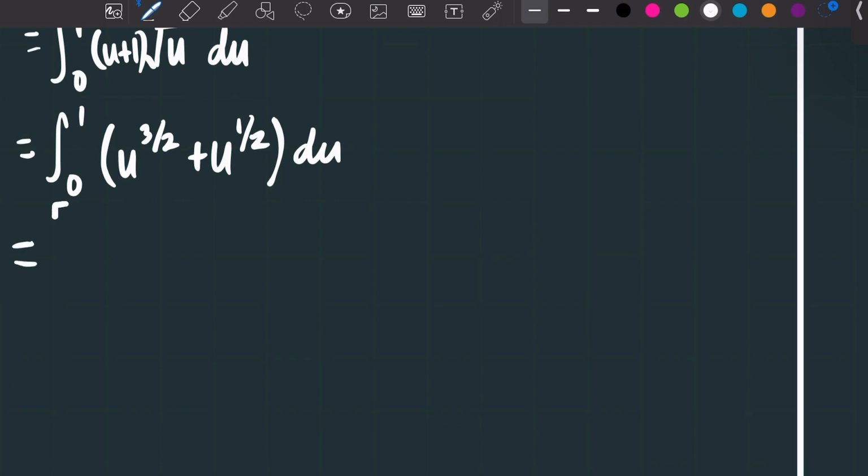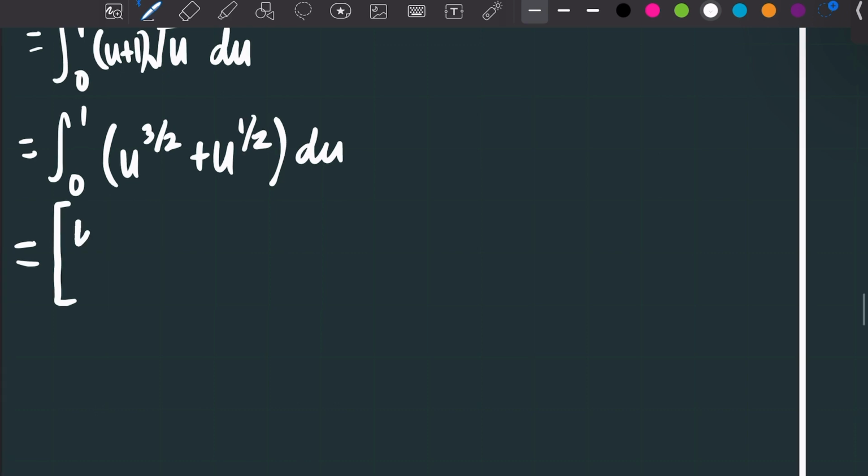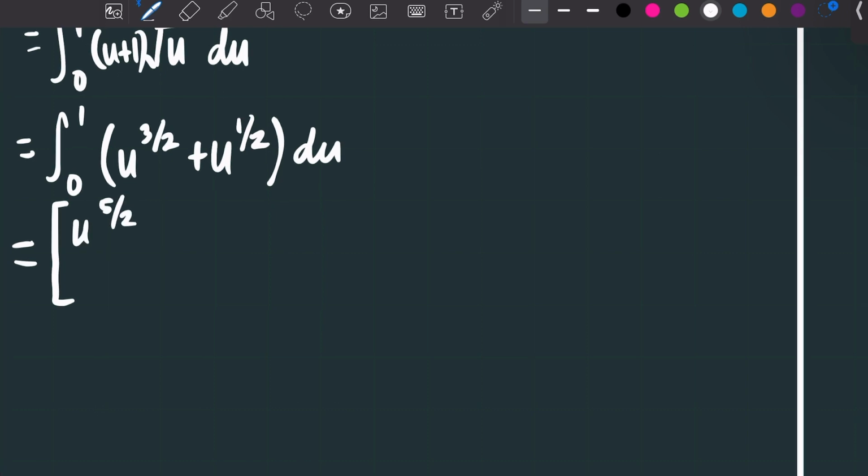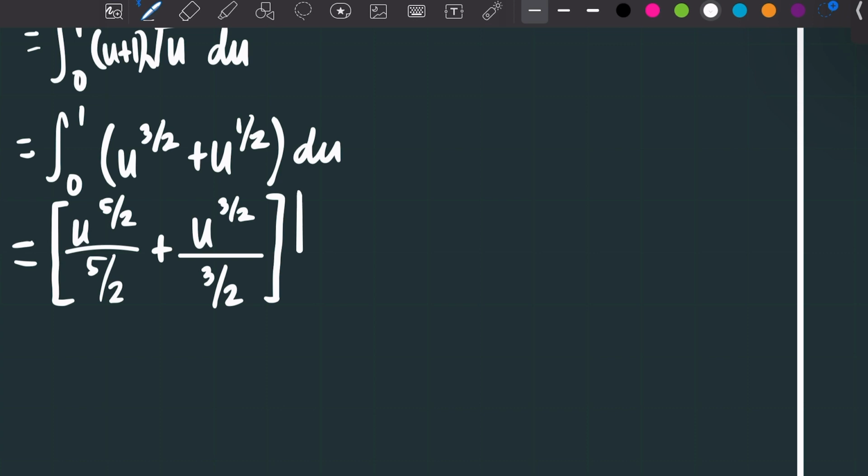So this one becomes u raised to 3 halves plus 1, which is 5 halves, all over 3 over 2 plus 1, which is 5 halves, plus u raised to 1 half plus 1, which is 3 over 2, all over 1 half plus 1, which is 3 over 2. Then evaluated from u equals 0 to u equals 1.